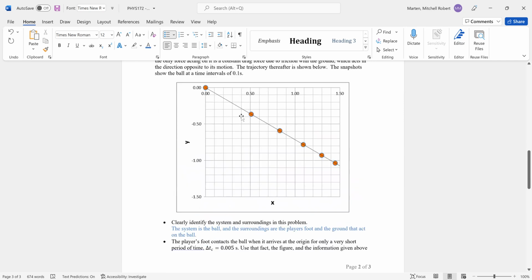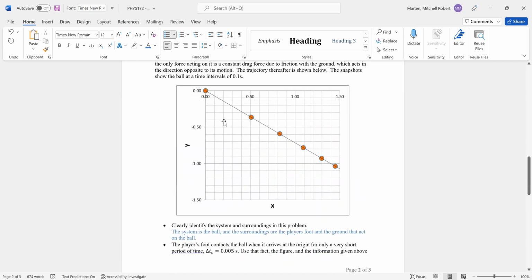Right now it's in quadrant 4, positive x, negative y, because the ball is moving that way, but the drag force would be the opposite of that. So it would be negative x, positive y.